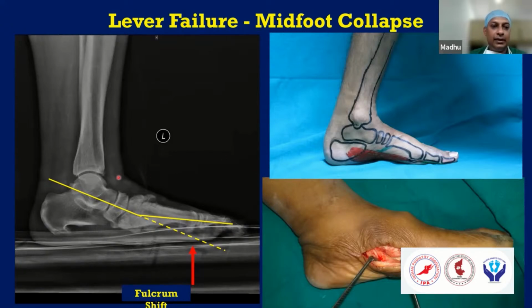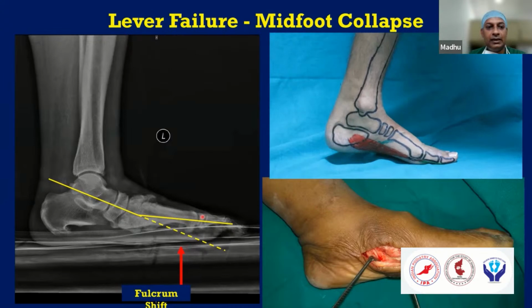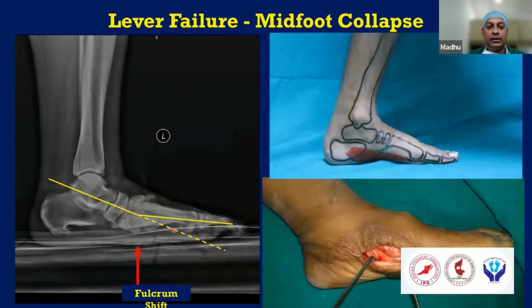So as we said, the foot acts as a class 2 lever, where the fulcrum is in the MTP joint and the effort is in the Achilles tendon and the load is on the talus. So when there is a midfoot break, that is, the lever itself breaks, what happens is a fulcrum shift happens.